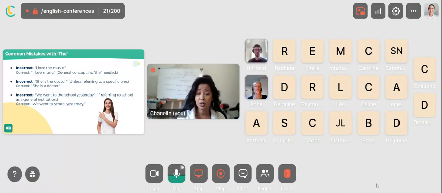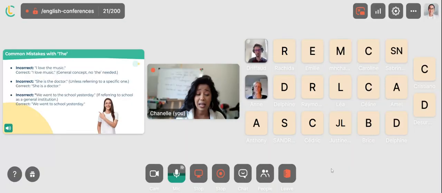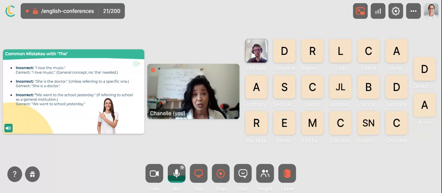We can say, I love this music. Absolutely. So Cedric uses another example. We can say, I love this music. You can say I love this music or I love the music. Both of them are acceptable because you are referring to the particular music being played at that moment.